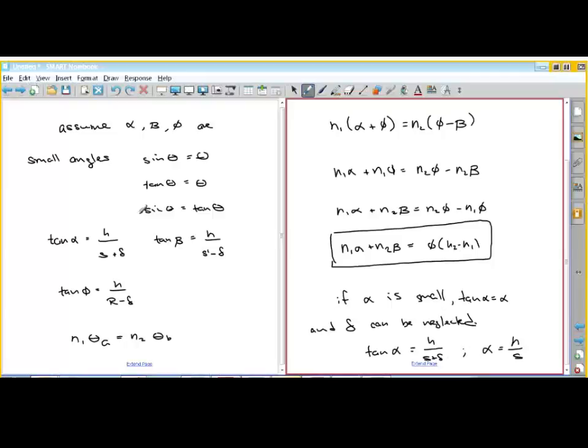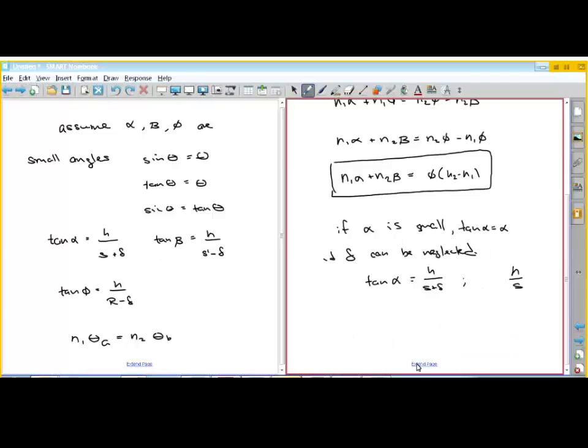So we drop the delta part. I'm just going to rewrite those 3. We get alpha is equal to h over s, beta is equal to h over s prime, and phi is equal to h over r. Okay, so those 3 things.